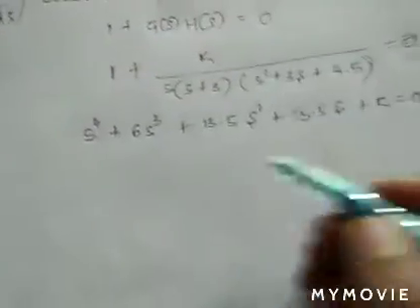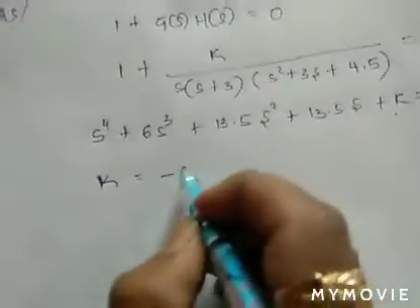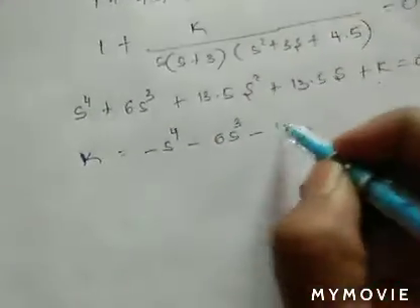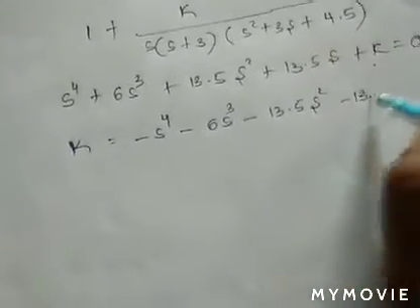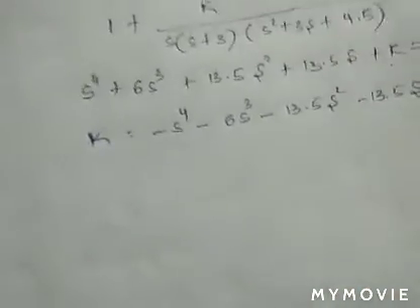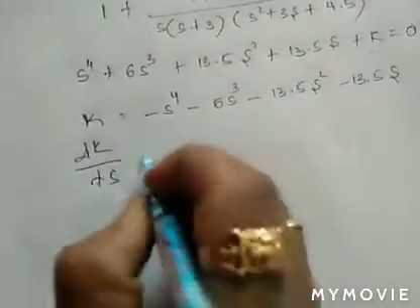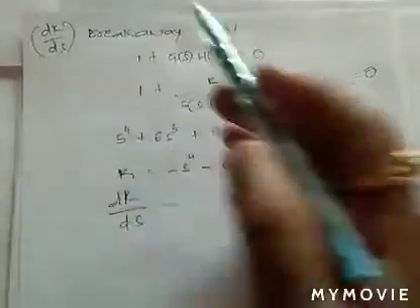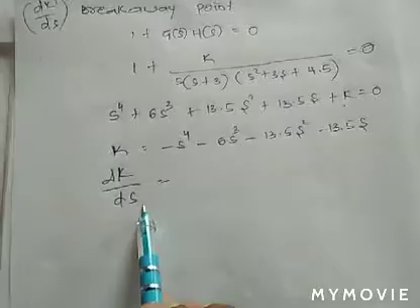Then I told you to remember dK by dS. So take K on one side and the other terms on the other side: K equals minus s to the 4 minus 6s cubed minus 13.5 s squared minus 13.5 s. Now differentiate it, because breakaway point means dK by dS equals 0.